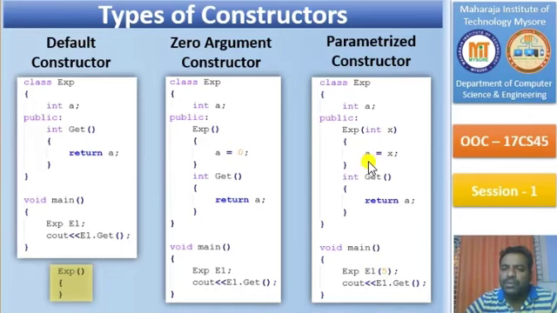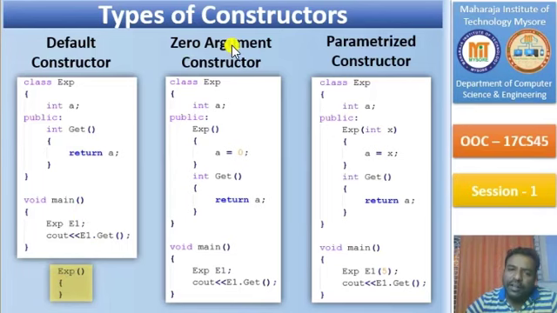So now I am using the constructor for initialization of a data member. And as I mentioned, it is not the only purpose. Constructor is mainly used for initialization of data members, not the only purpose. Fine. And this is going to be a parameterized constructor. So the default constructor is simple: do not define any constructor in your class, and you will be using the default constructor.